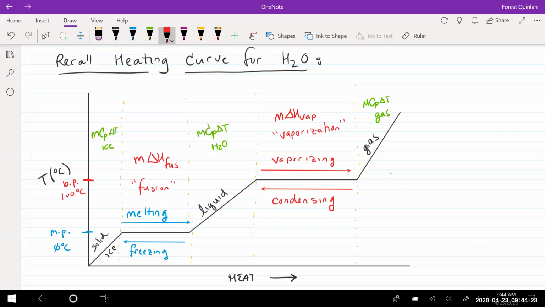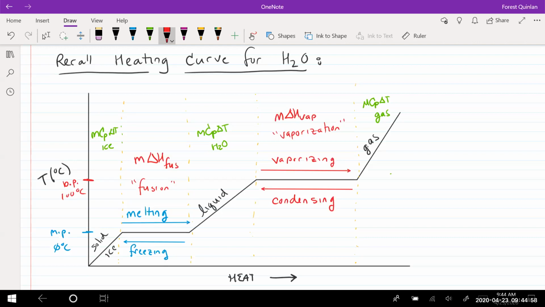Now, we only actually name the quote forward direction because there's no need to do this in the backward case, because it's just a negative sign if you're going the other direction. So they actually just let negative signs take care of which direction you happen to be going. Are you pumping energy in or taking energy out? So the delta H of fusion, or delta H FUS, and the delta H of vaporization, or VAP, those can be used whether you're going vaporizing or condensing, melting or freezing.